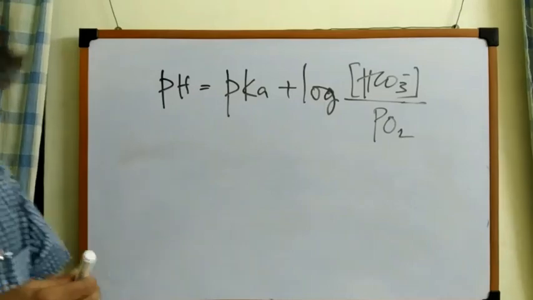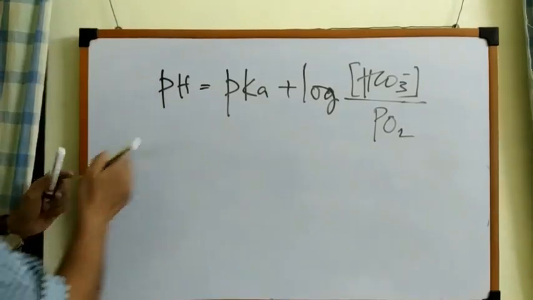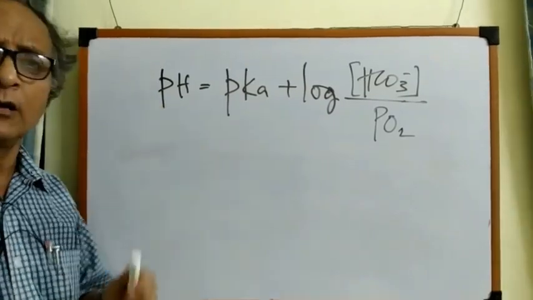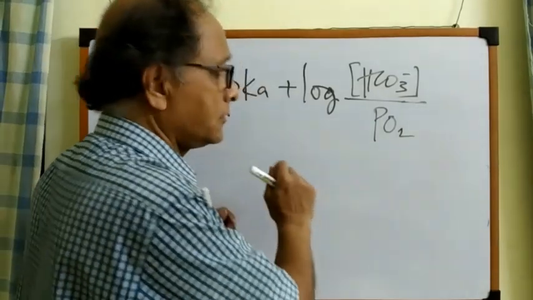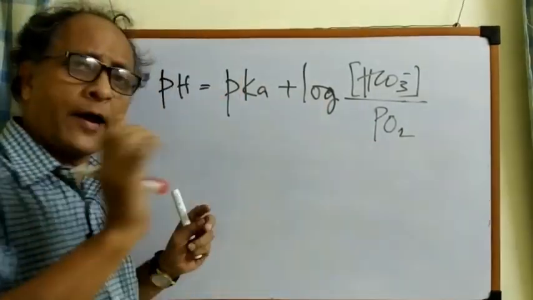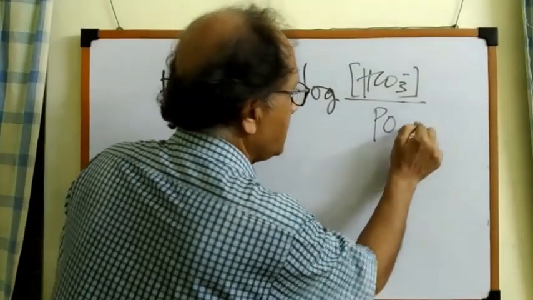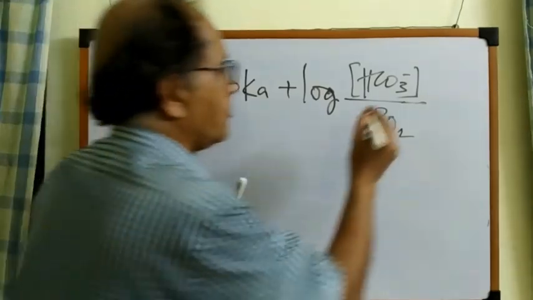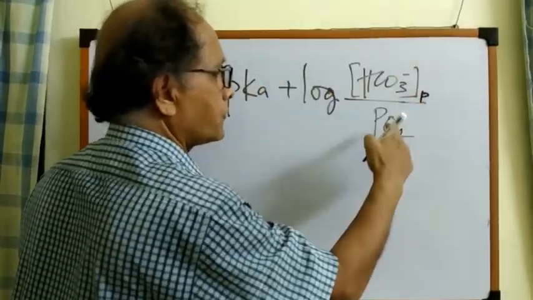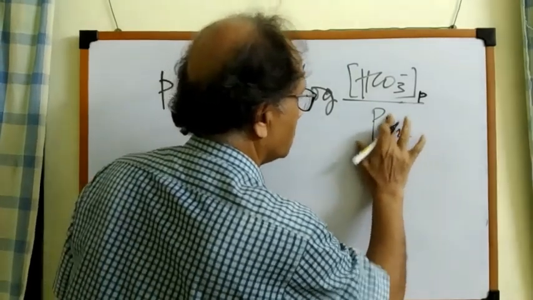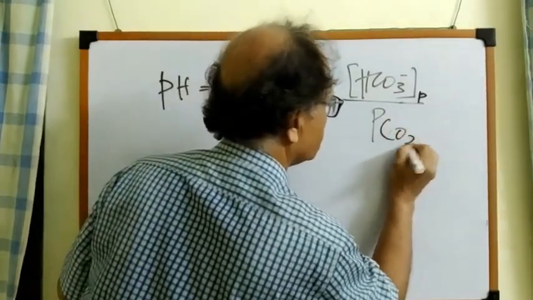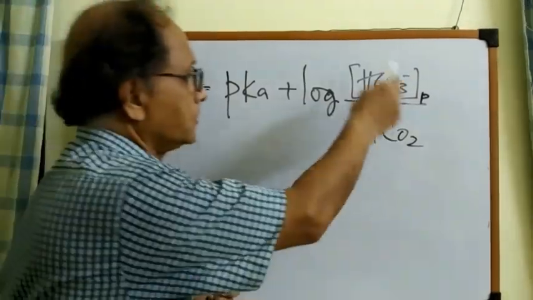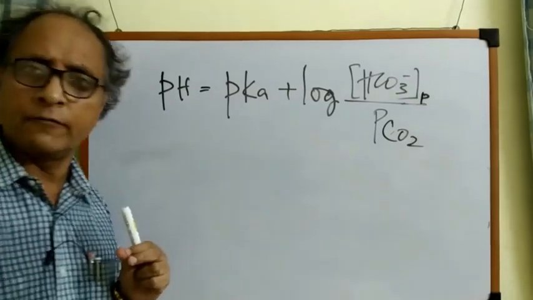Now, when can acidosis develop? Acidosis means pH is low. How can the pH be low? It is very simple. pH can be low by two possible mechanisms: either by increasing PCO2 or decreasing plasma bicarbonate. This is the plasma bicarbonate concentration, and this is the PCO2, in the modified Henderson-Hasselbalch equation.